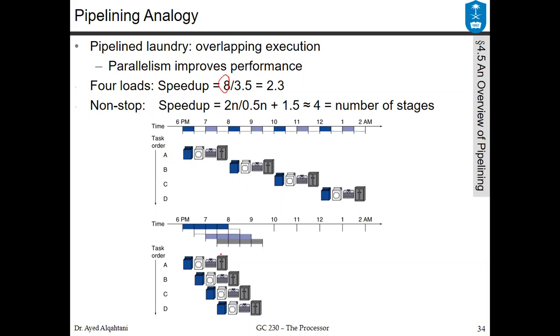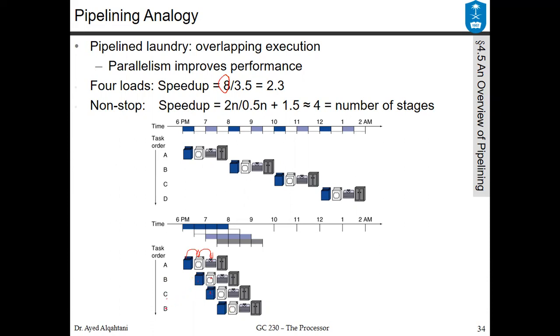Now, the logical thinking is you share the resources or you pipeline the process. And this happens when A is using the washer, nobody can start yet. When A moves to the dryer, B can start washing. And when A moves to the folding the clothes, then B would be drying and C can start.